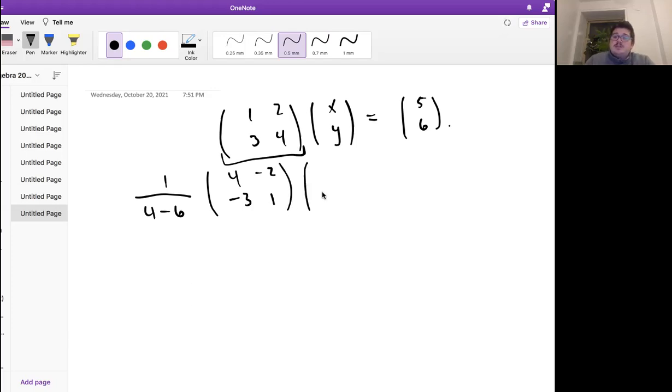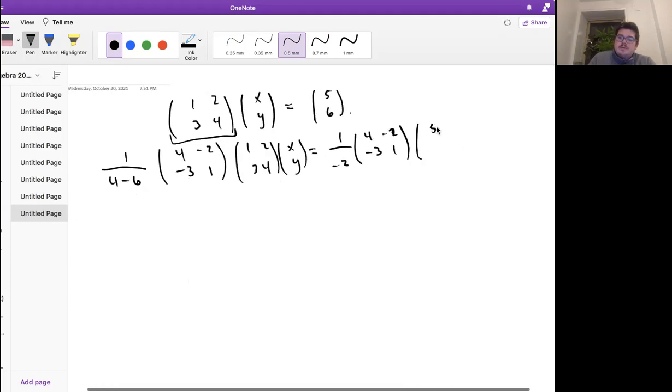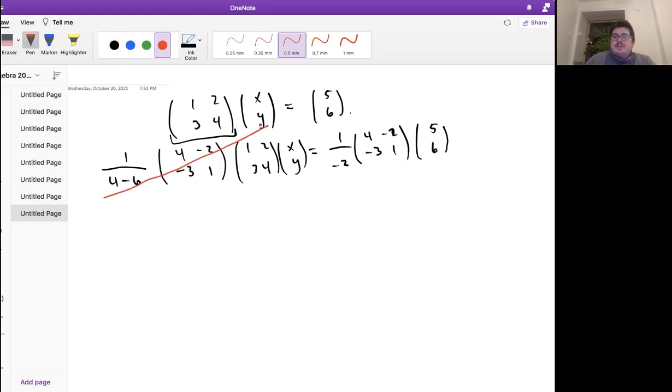If I multiply both sides by this, this whole thing is the identity, because that's the inverse.